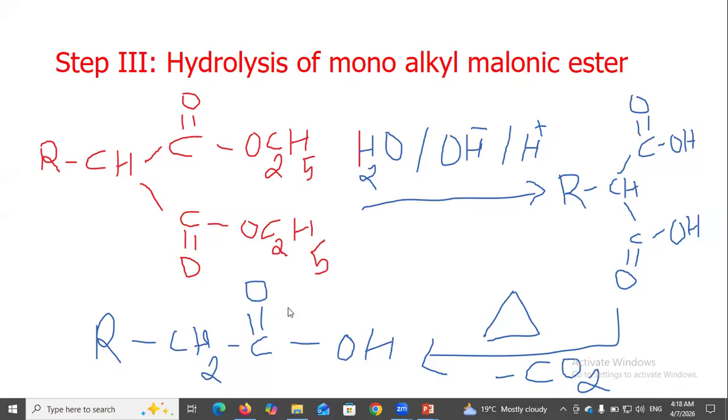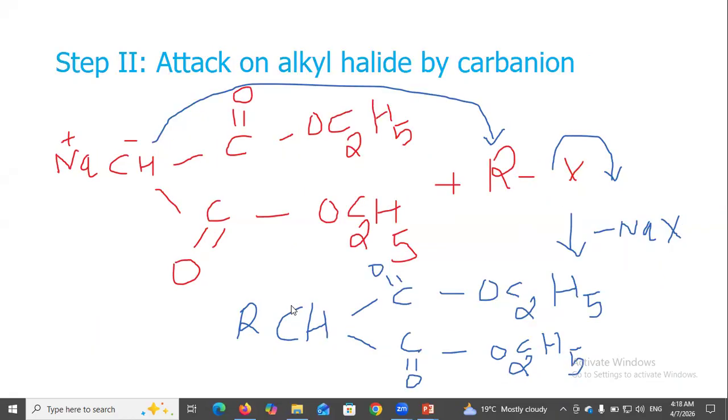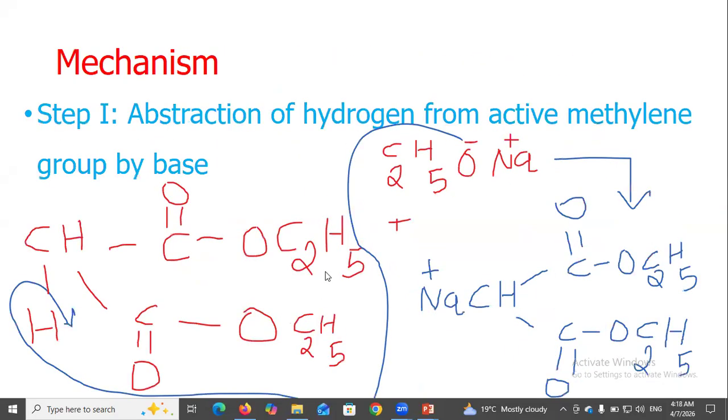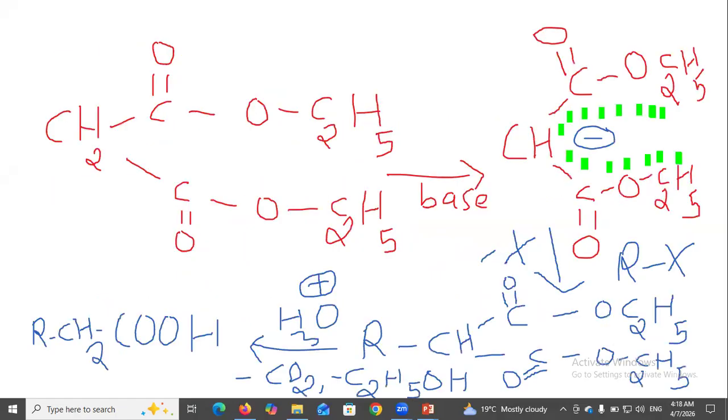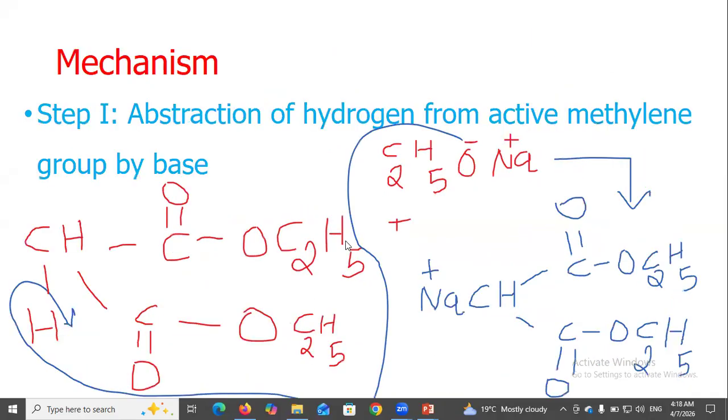So malonic ester, diethyl malonate, is treated with a base and reacted with an alkyl halide, and hydrolysis produces a substituted acetic acid.